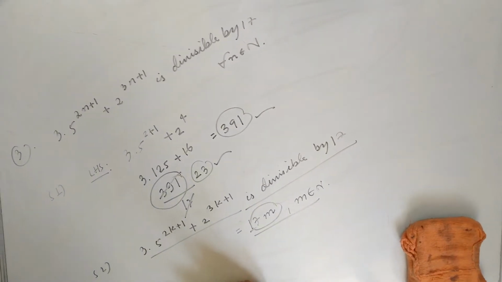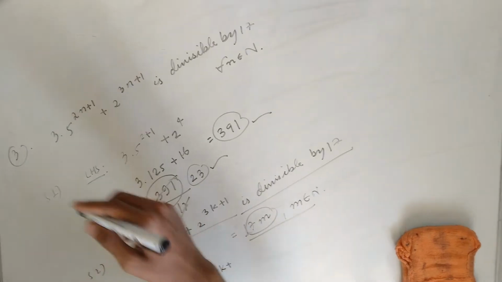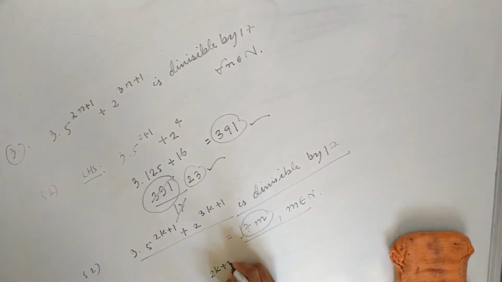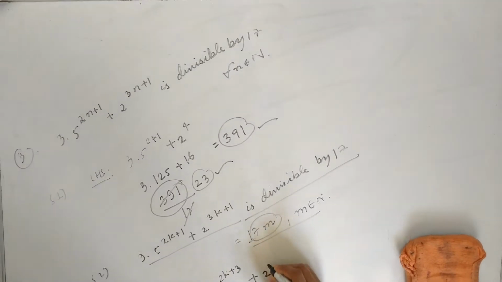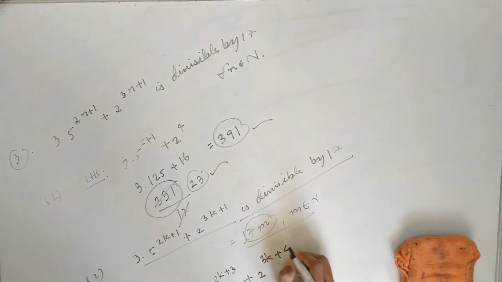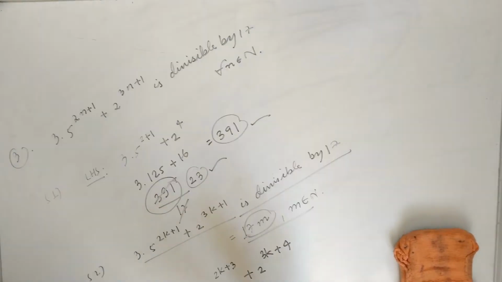Now 3 into 5 power 2(k plus 1) plus 1, so that is 2k plus 2 plus 1, which is 2k plus 3, plus 2 power 3(k plus 1) plus 1, which is 3k plus 3 plus 1, so 3k plus 4.